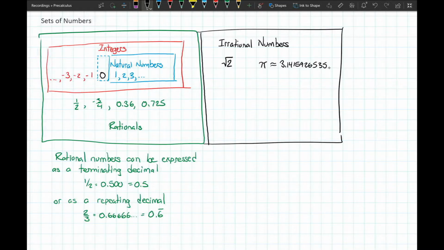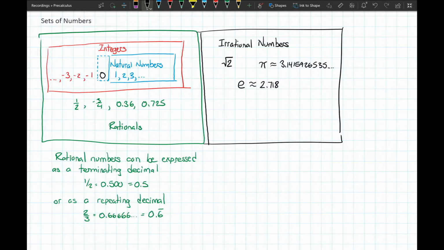Another number that we will look at at some point is the mathematical constant e. That is approximately 2.718, but again, that one also continues on: 2.71828, and so on. All of these have significant uses, but they cannot be expressed as rational numbers.